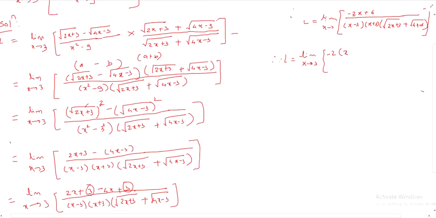So minus 2 upon minus 2 gets cancelled, x only, and plus 6 by minus 2, that is minus 3, upon x minus 3 x plus 3 into root 2x plus 3 plus root 4x minus 3.